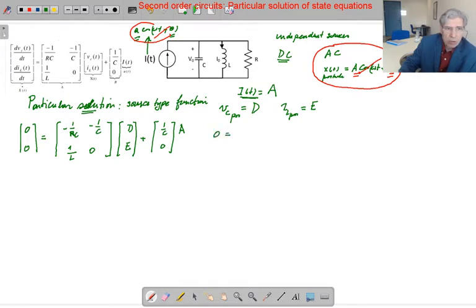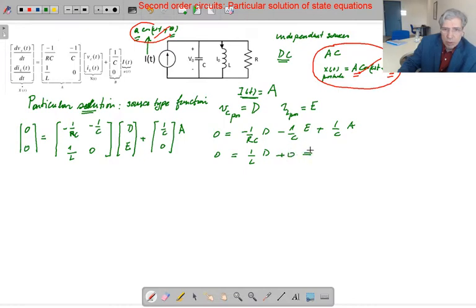0 is equal to minus 1 over RC times D, minus 1 over C times E, plus 1 over C times A. The second one, 0 is equal to 1 over L times D, and E times 0 gives you 0. That is 0 times A gives you 0, so plus 0.